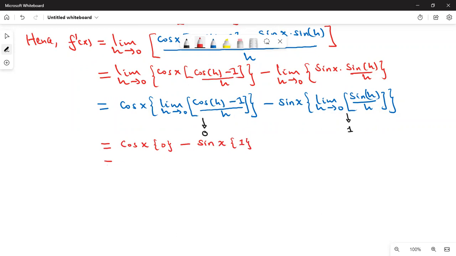So that what you are going to get finally is negative sine of x. So that tells you that when you differentiate cos x, you need to get negative sine x. We have used the first principle of differentiation.